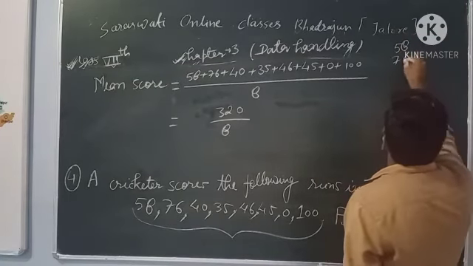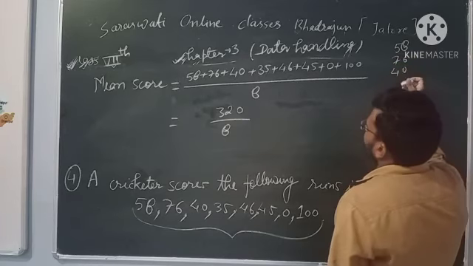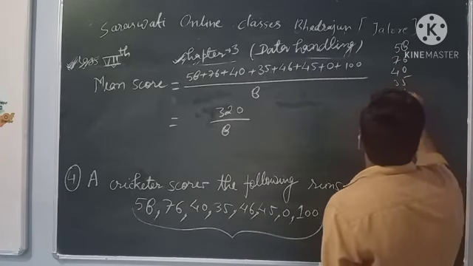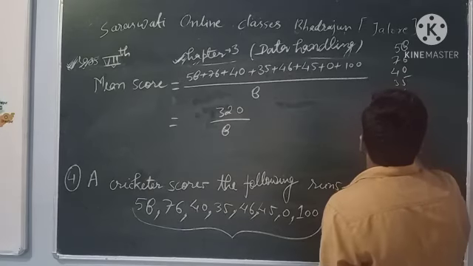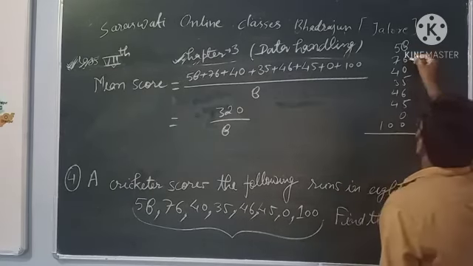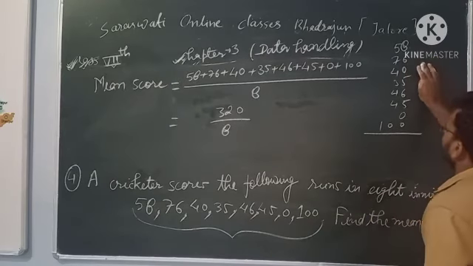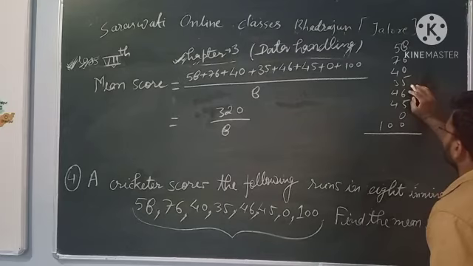So 58 plus 76 plus 40 plus 35 plus 46 plus 45 plus 0 plus 100. 8 plus 6 is 14. 14 plus 5 is 19. 19 plus 6 is 25. 25 plus 5 is 30.